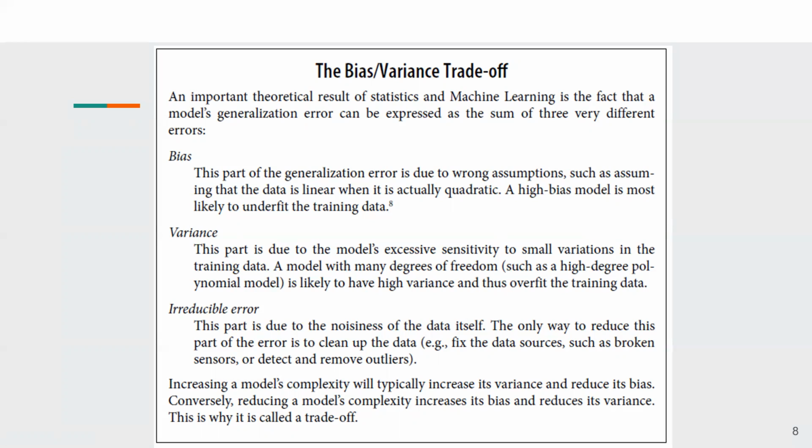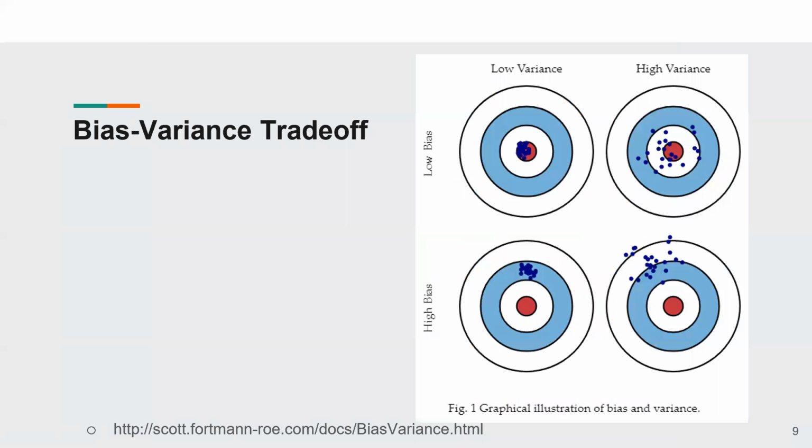Conversely, reducing the model's complexity would increase its bias and reduce its variance. This is why we call it the bias and variance trade-off.